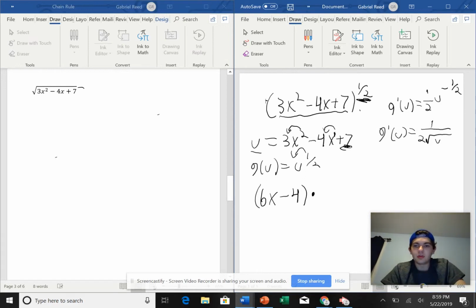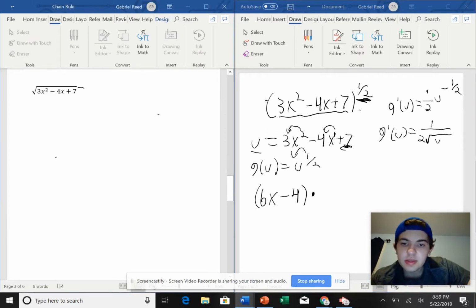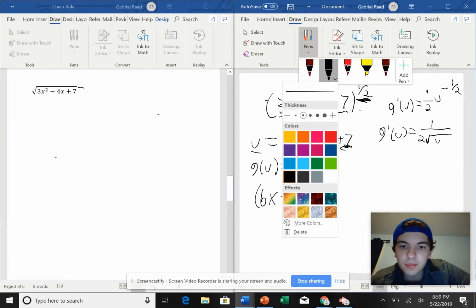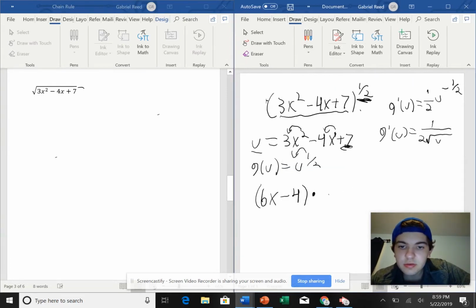And since we already know our u value, when I rewrite it right here, I'm going to substitute my u value in. So our derivative of the square root of 3x squared minus 4x plus 7 is going to be 6x minus 4 times 1 over 2 times the square root of 3x squared minus 4x plus 7.